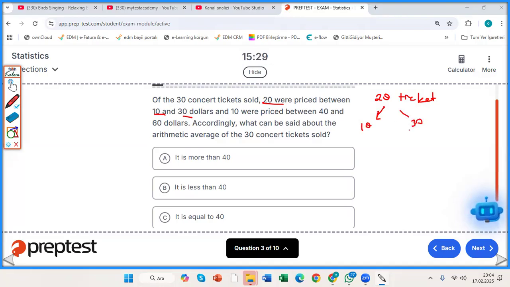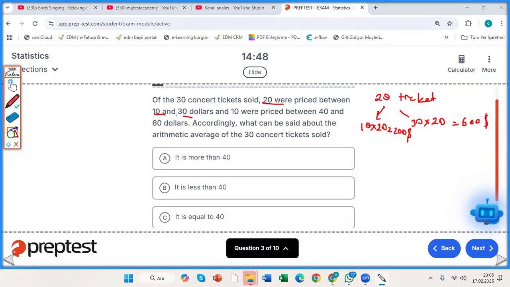That's why, by selling those 20 tickets, you can make a maximum of 30 times 20, $600. In other words, by selling at $10, 10 times 20, you can make a minimum of $200 in total.